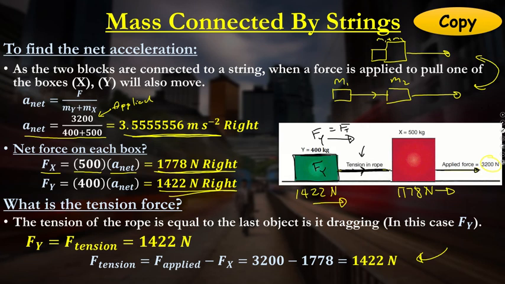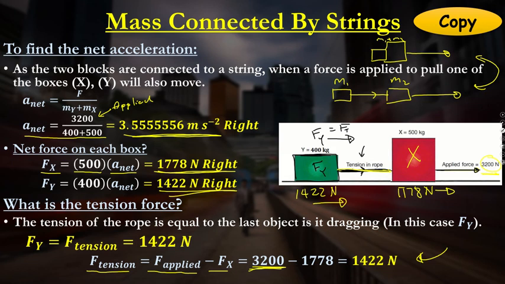If I want to find the tension force, it's the applied force, and let's use X as our reference point this time. So the tension force here is our applied force minus the net force experienced by X, because these two are self-sufficient from the tension force.